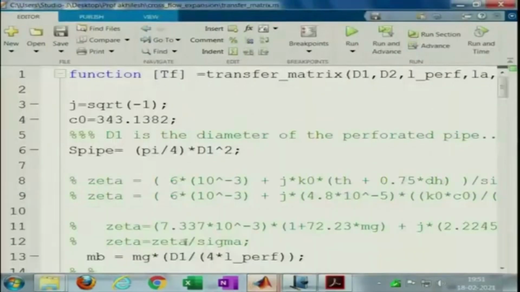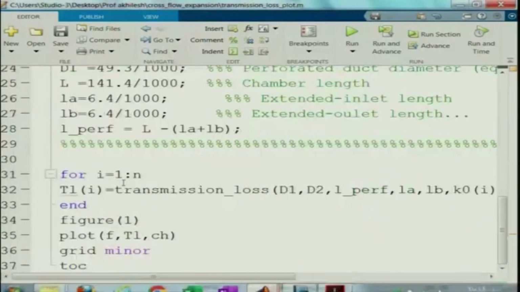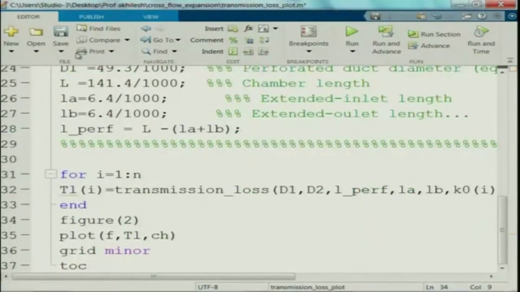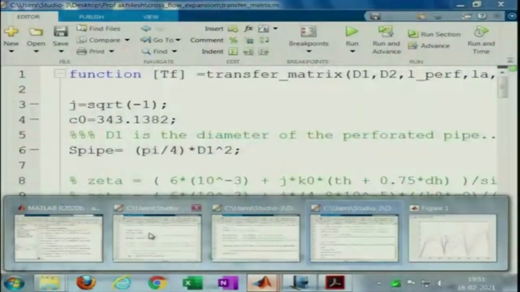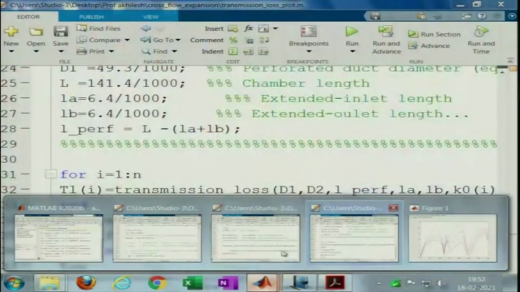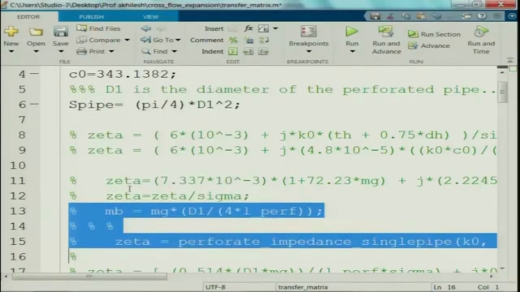Okay. Now, let us see what happens when we change the perforate impedance expression for a mean flow. If we just take 0.2 and plot in a different figure and use the expressions that were available, it's 2021 now, it's about 35, 40 years back or whatever it is. Those classical expressions, if we just change these values, let us comment out these things.